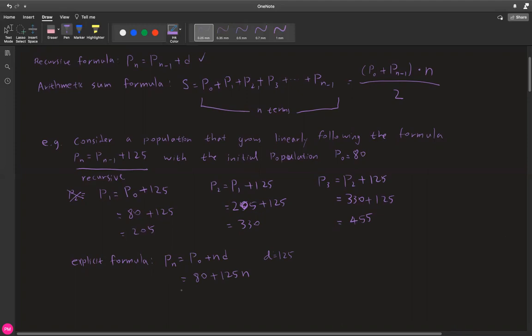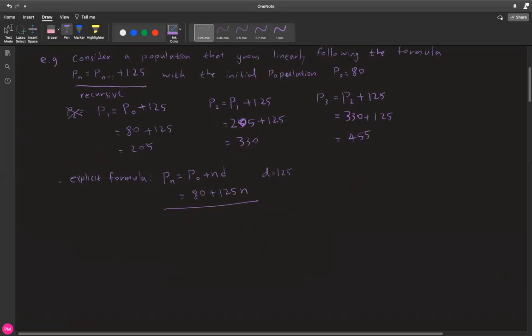Now that we know that the explicit formula is given as that, we do not have to go through every single term to find a term later in the sequence.